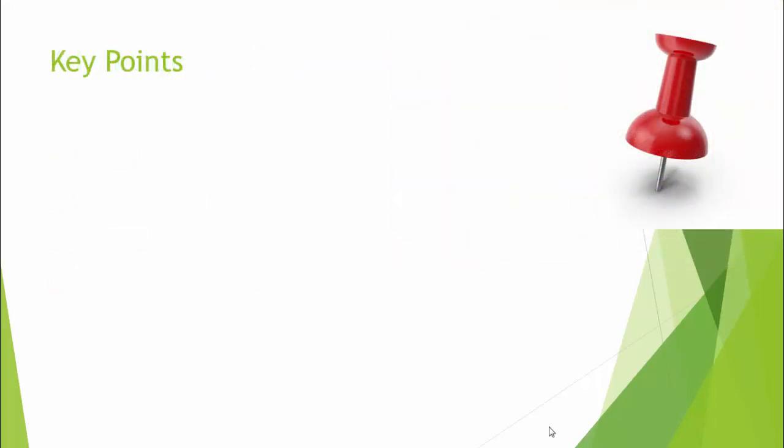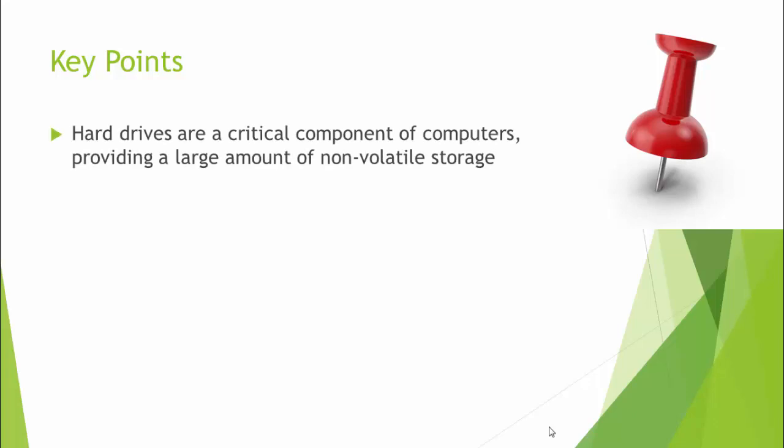Okay, so key points then from today. Hard drives are critical for computers because they provide large amounts of storage in a non-volatile way. So we can store our operating system on the hard drives and know that that OS will be there the next time we plug in the computer.